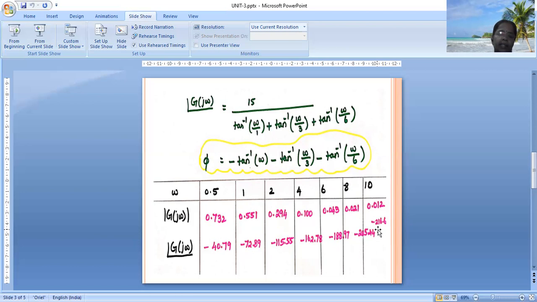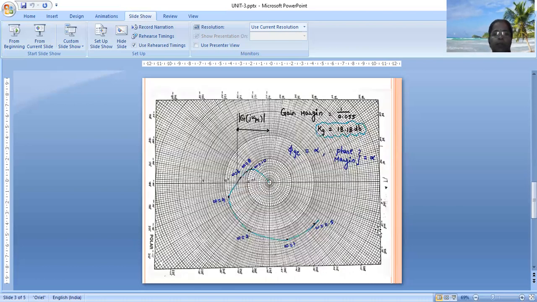So we calculated the magnitude value and phase angle value for different omegas. Using this data, we can construct the polar plot. So this is your polar plot. Here they give degrees: 0 degree, 10 degree, 20 degree, 30, 40, like that. All the values we are getting are negative, so I selected a clockwise direction.